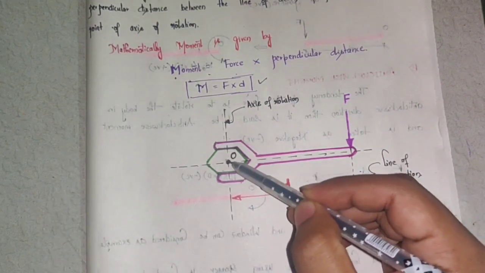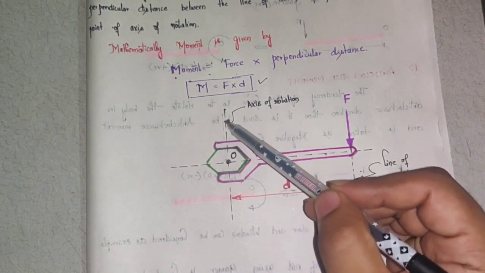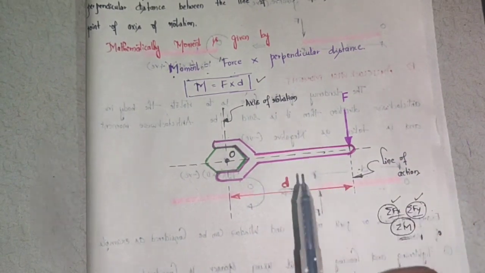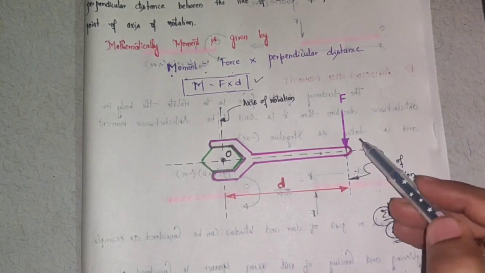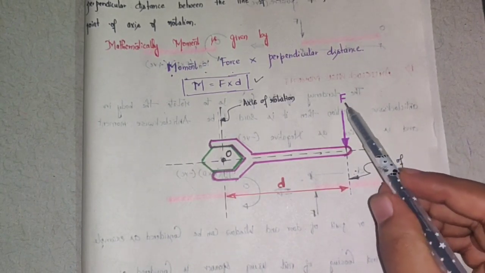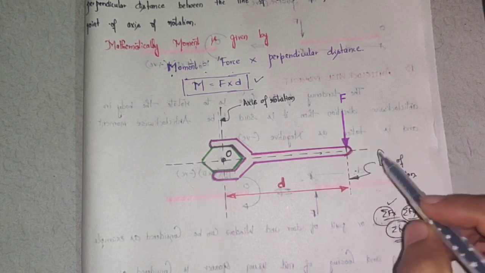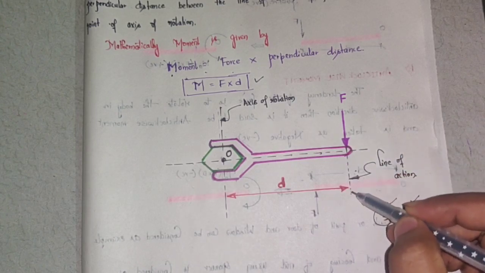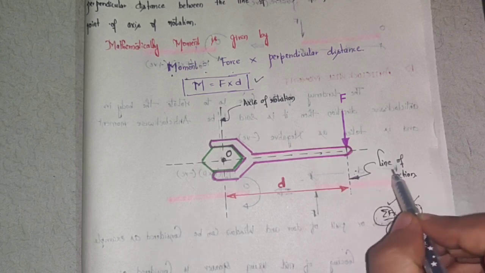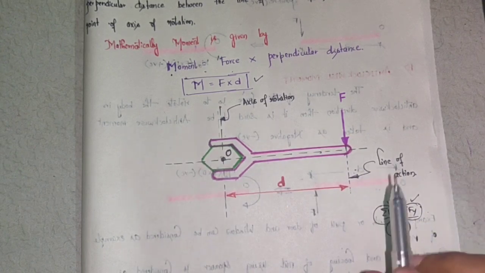About this point O, the line that is represented here is the axis of rotation, and I have represented a force here, that is, I am going to apply force at this point on the spanner, and this vertical line represents the line of action.